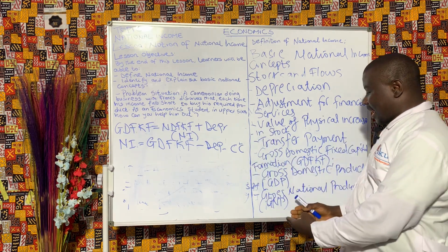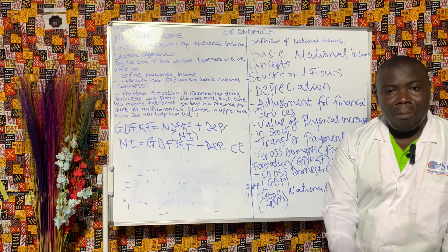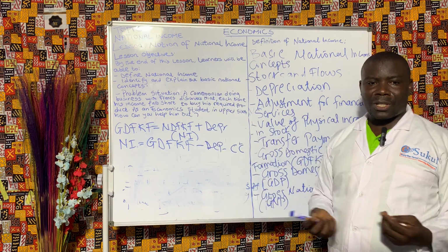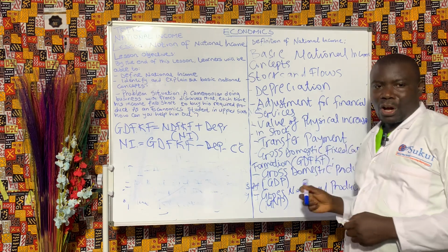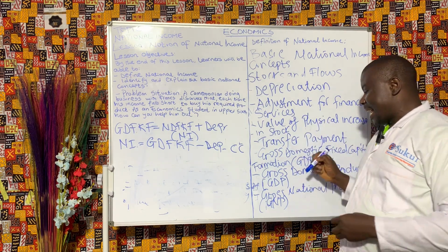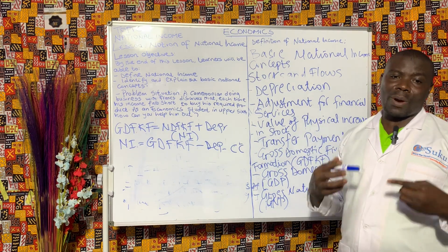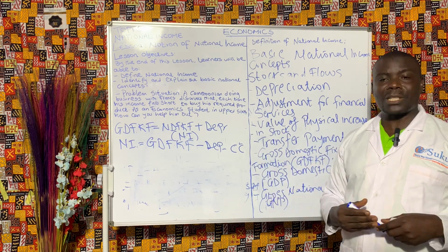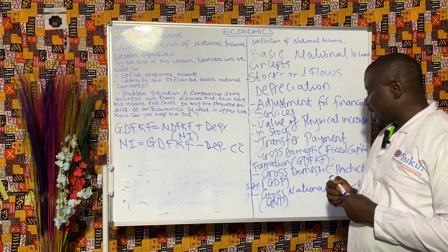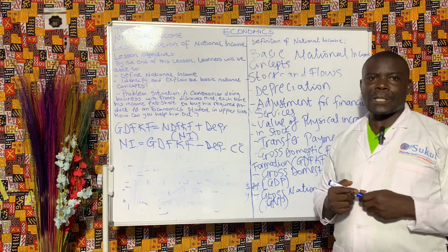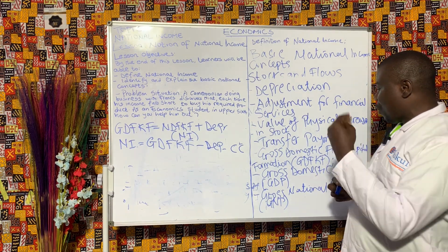It means the resources can be at home or they can be abroad. So the total of the production using the national resources, whether at home or abroad, constitutes what is known as the gross national product. Now, we are going to move on.